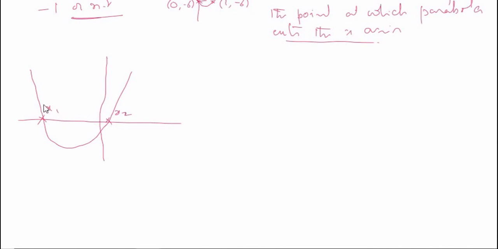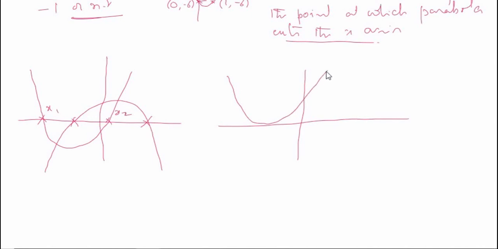It need not come this way, it can be in the reverse way also. Say here, in this case these are the 2 points. So in this case it will have 2 zeros, but it can have just 1 zero also. How does it look? Now suppose the graph is like this.